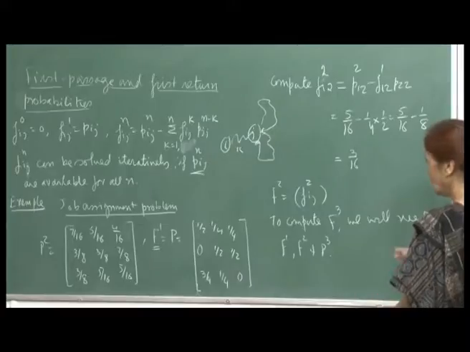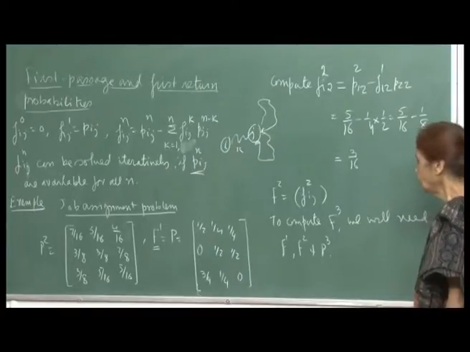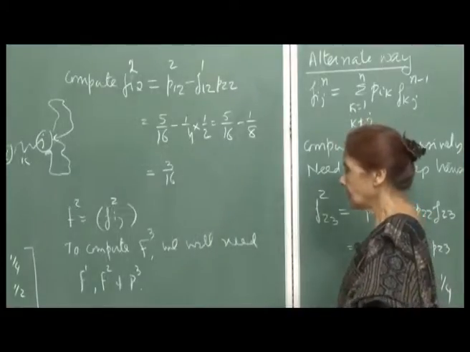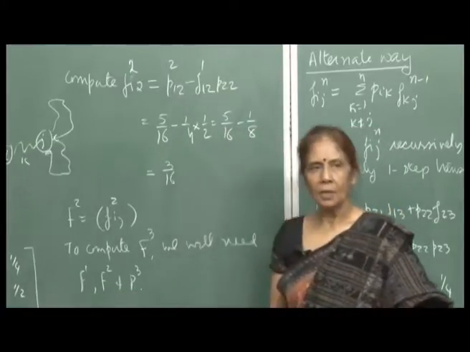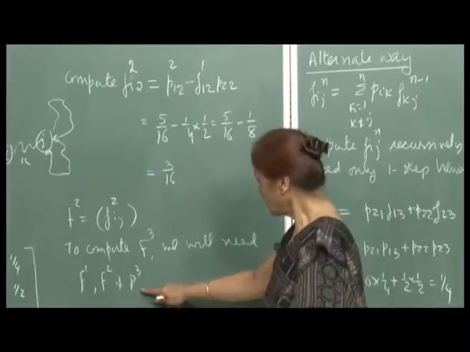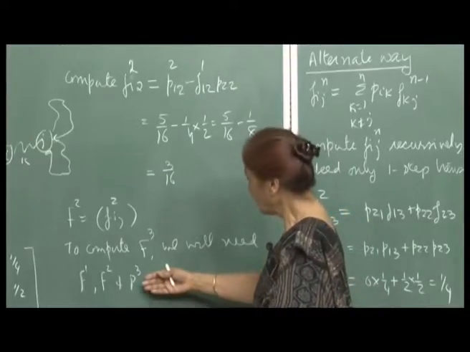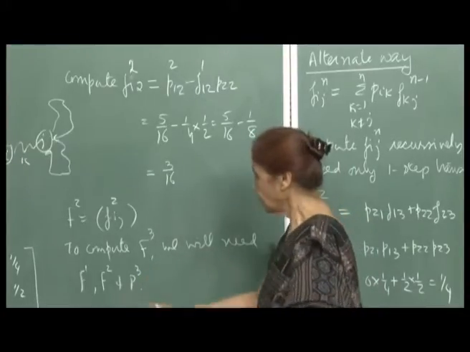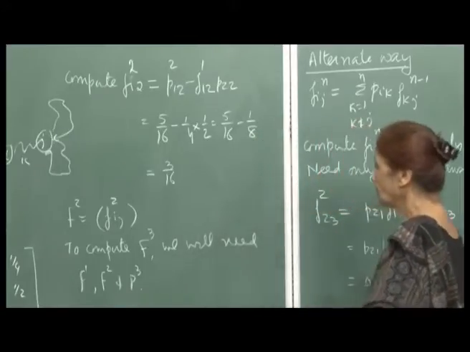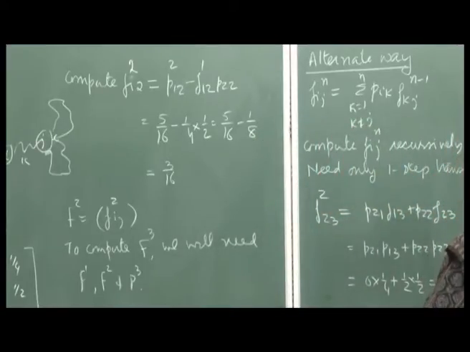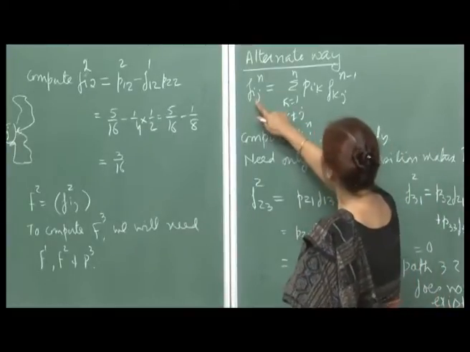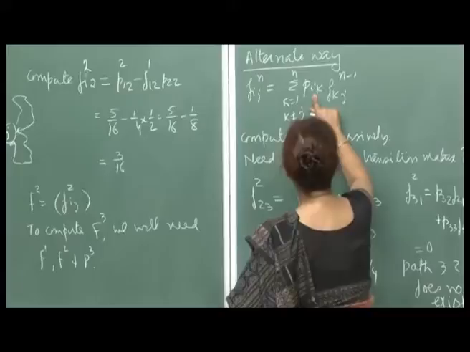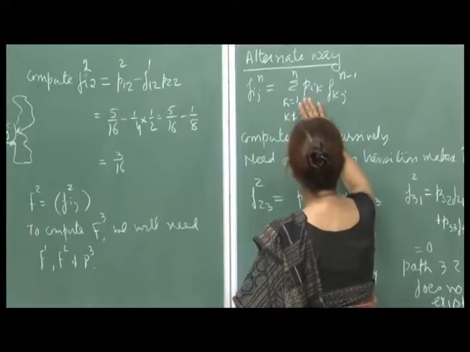This is a lot of work, so I will now give you an alternative method of computing these first passage probabilities without wanting the higher powers of P; just the first transition matrix would be enough. The way we explain this is to look at it as one step.